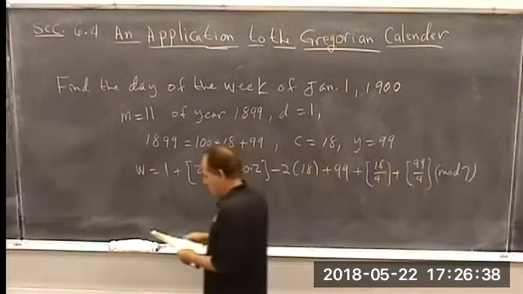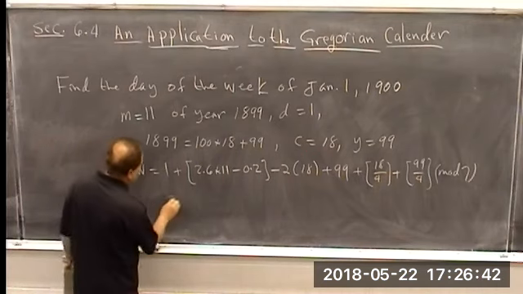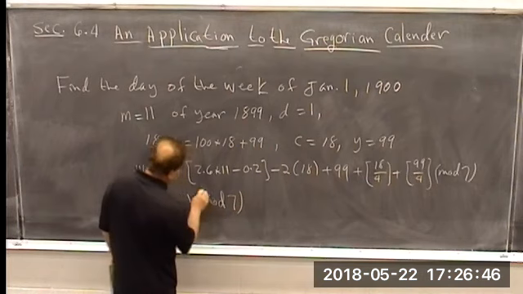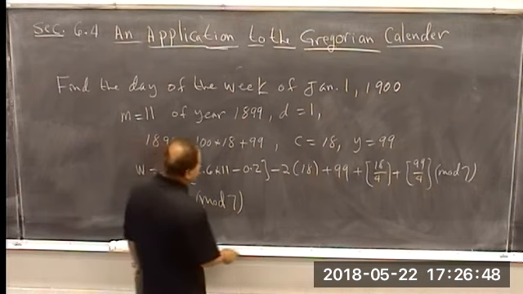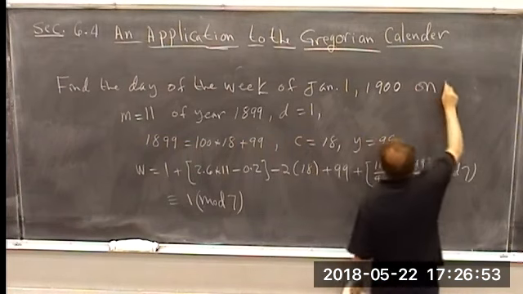When you do all these calculations, you find actually, again, this is congruent to 1 mod 7. So again, this date is on Monday.